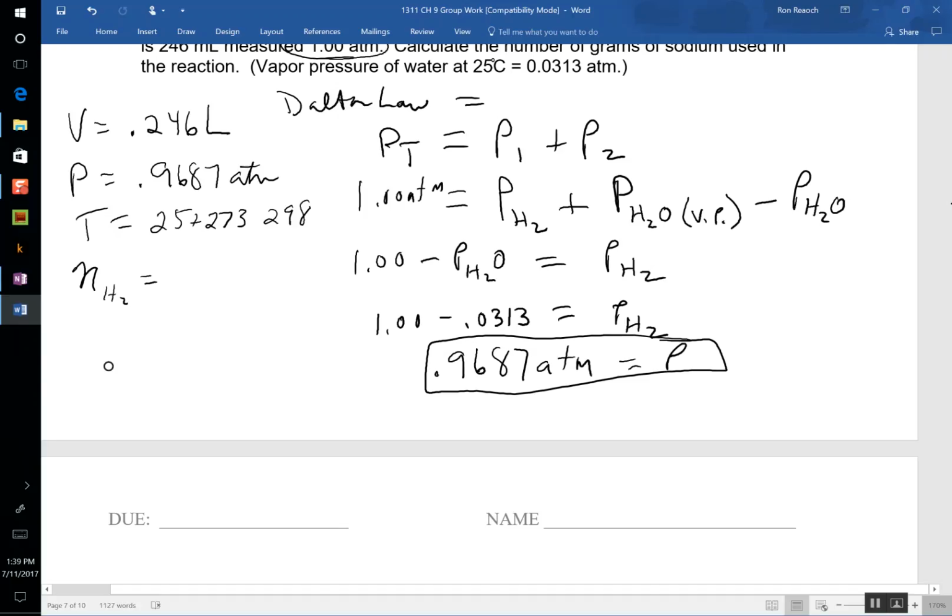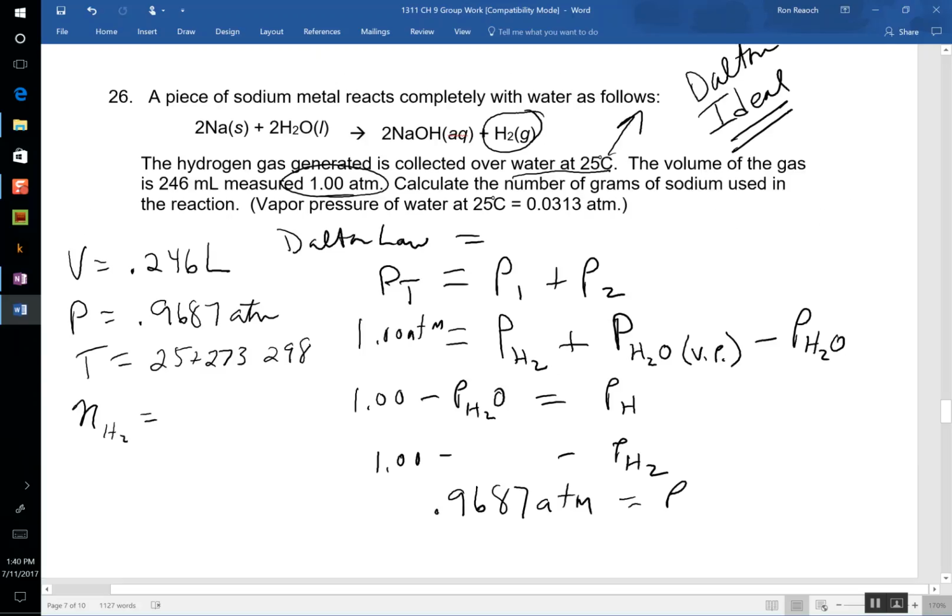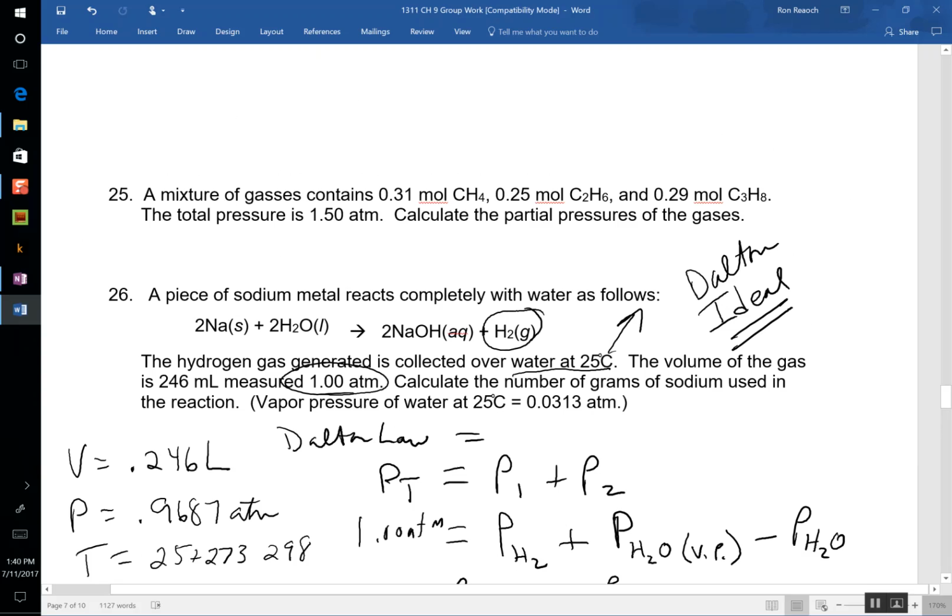Okay. All right, we didn't take that to completion. Number 25 is Dalton's law, partial pressures. A mixture of gases contains 0.31 moles of methane, 0.25 moles, 0.29. I'm sorry, I'm jumping in the middle of things here.